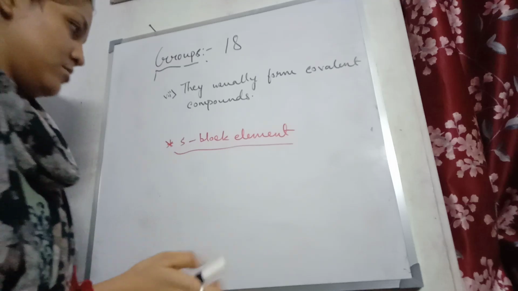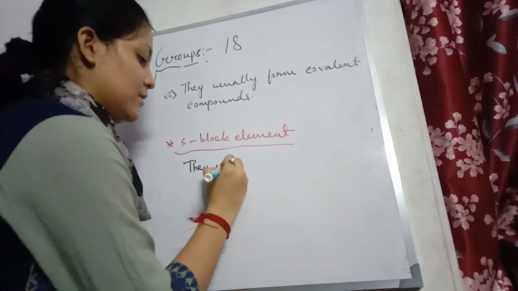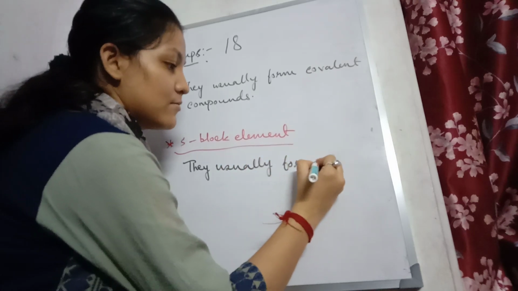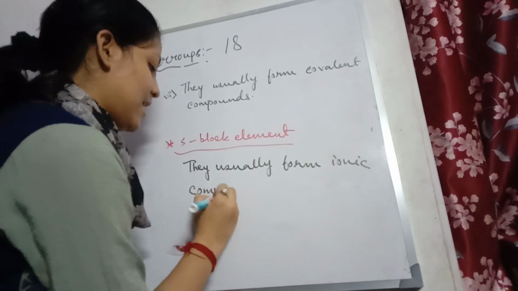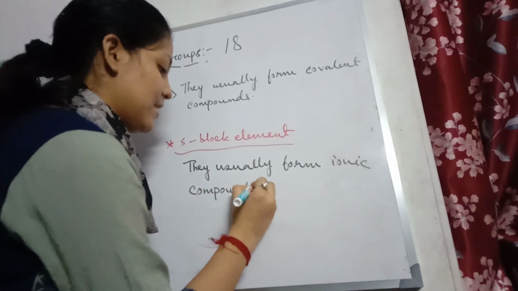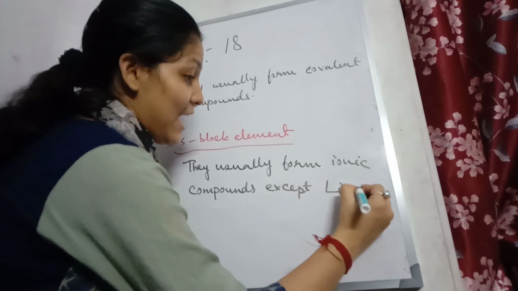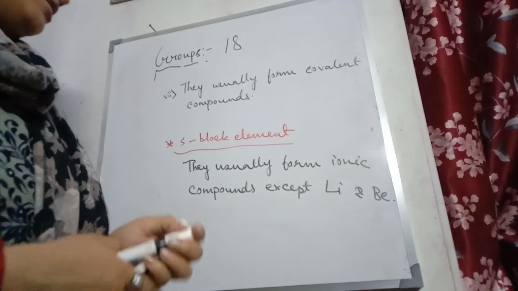They usually form ionic compounds except lithium and beryllium. Just add this in the S block elements.